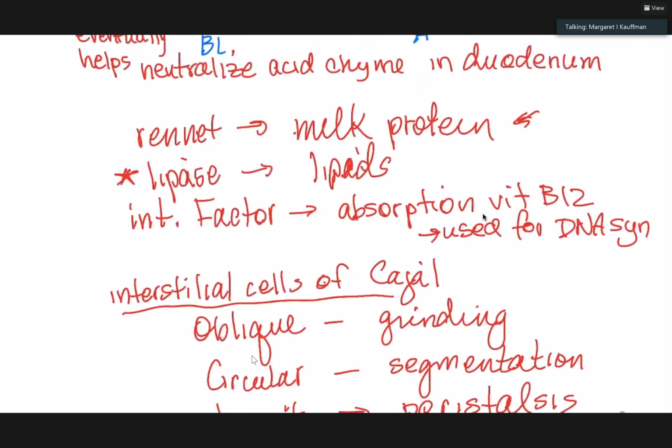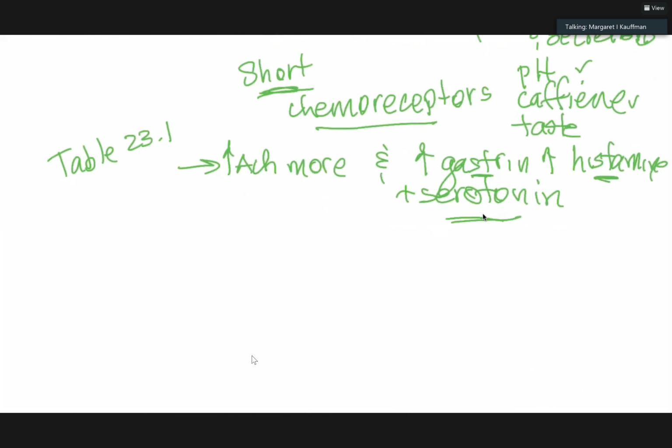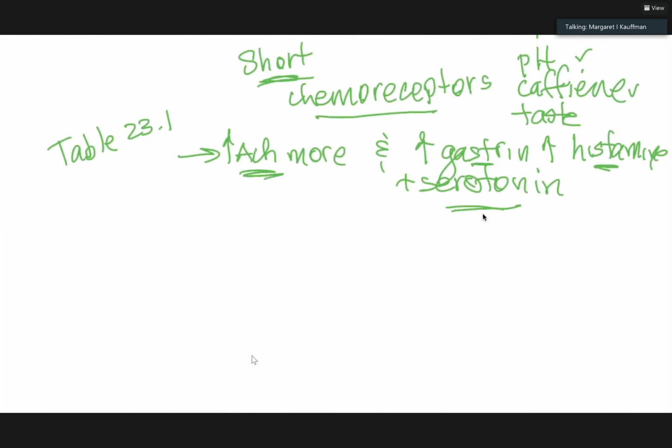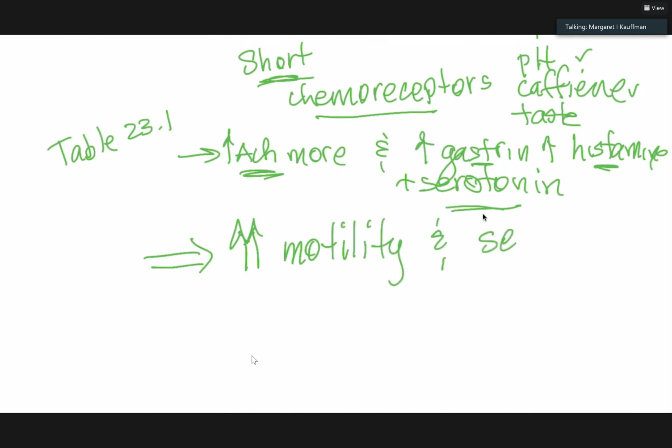So it's during that gastric phase, you get a lot more ACH, and this all ends up being a great increase in both motility and in secretions. So your stomach starts churning harder and harder, which is eventually going to not only mechanically break down the food, but ultimately open the pyloric sphincter a little bit and cause some of that food to leave and go into the intestinal phase.